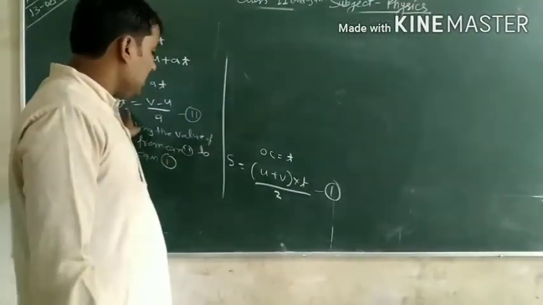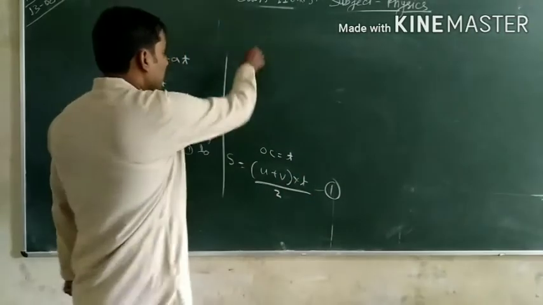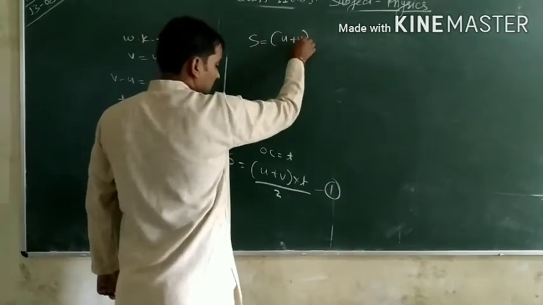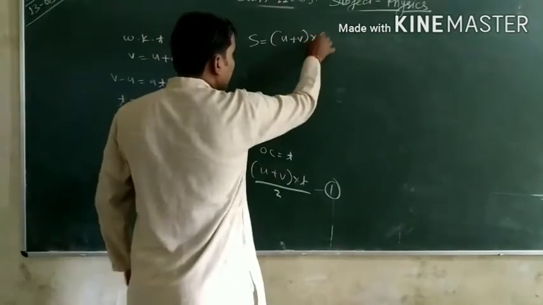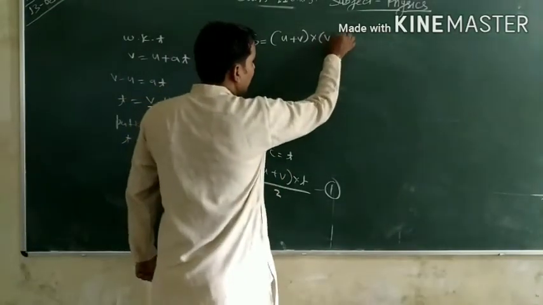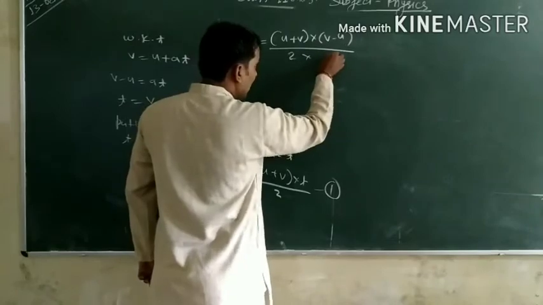The value of t is put in equation 1 in place of t. So s is equal to (u plus v) into the value of t, which is (v minus u) upon a, whole upon 2.